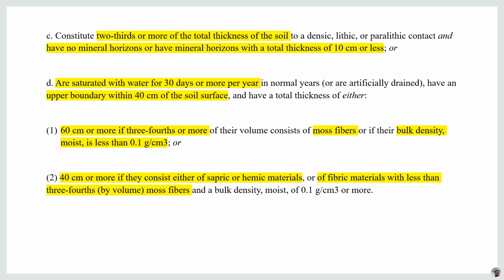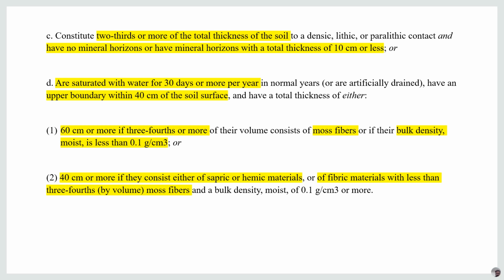Okay, another option to classify a histosol is that we have a soil that in the first 40 centimeters from the surface of the soil has flooded conditions for at least 30 days in normal years, or we have a flooded soil that was artificially drained by human activity.